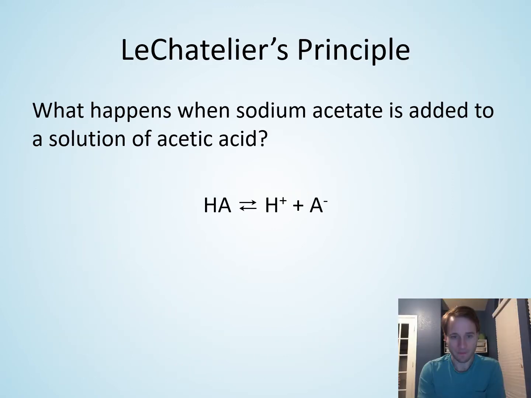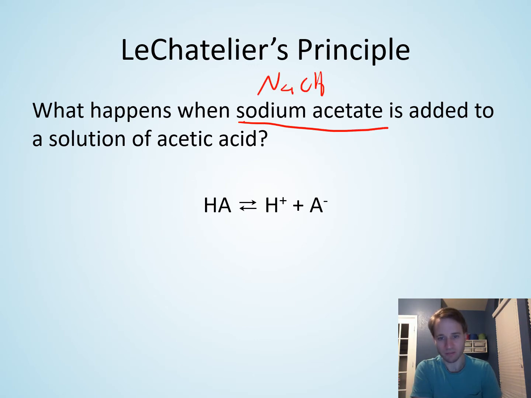Okay. So let's consider I have some sort of solution that isn't just pure water, and I add some salt like sodium acetate, NaCH3COO. If I add just that to water and ask what the pH is: sodium acetate breaks up into sodium ions and acetate ions.